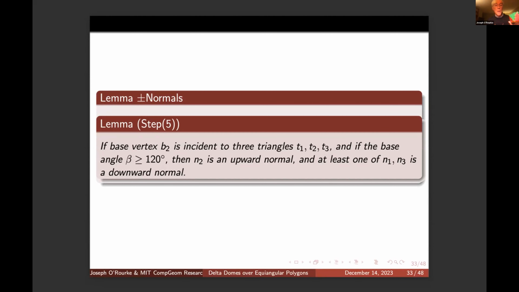And if the base angle is bigger than 120, which is where we are because we're only working with n 7 and larger, then the normal vector N2 to that is upward, and at least one of the other 2 is downward. We'll see that actually both of them are downward, but the proof of the lemma comes that only one or the other. And these normals then will lead to an important constraint. So first I'm going to talk about these normals.